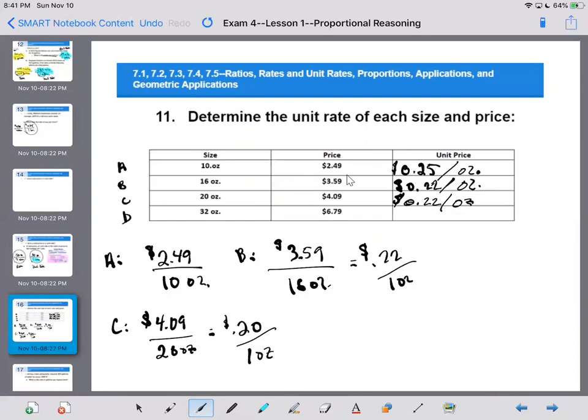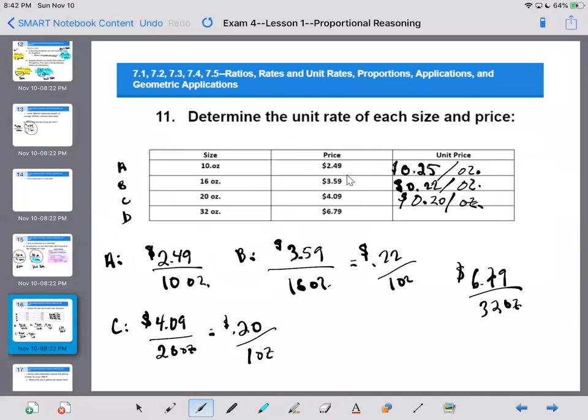So right now, part A is the most expensive, where it's $0.25 per ounce. C, actually C is going to be 20 cents. I just rewrote that, sorry about that. So that's going to be 20 cents per ounce. All right, and then finally D is going to be $6.79 per 32 ounces.